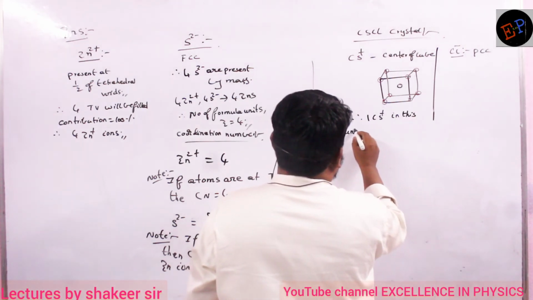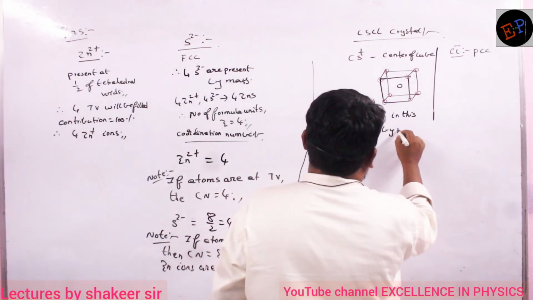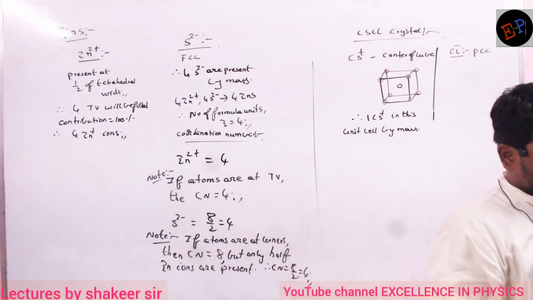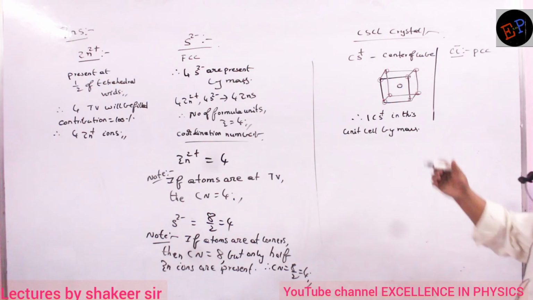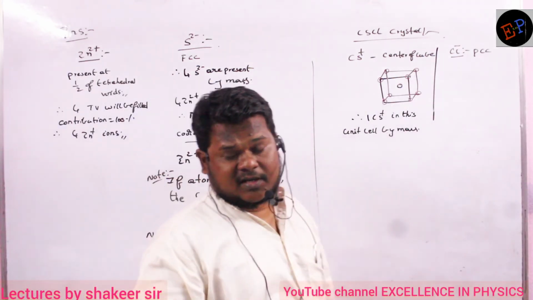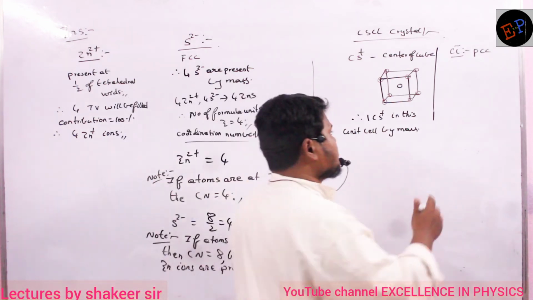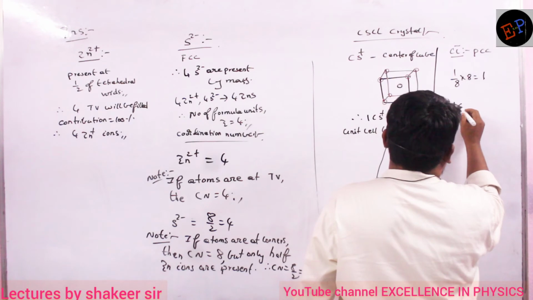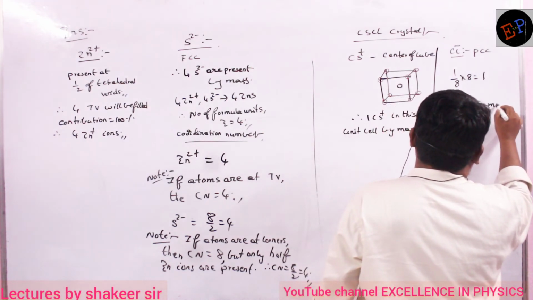Now what about Cl minus? Atoms are present at corners. How many corners? 8 corners. What is the contribution of each corner? 1 by 8. So 1 by 8 into 8 is 1. So 1 Cl minus.